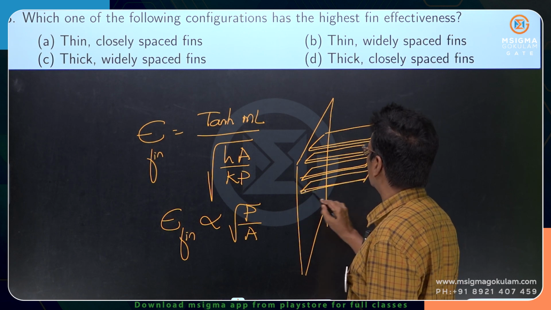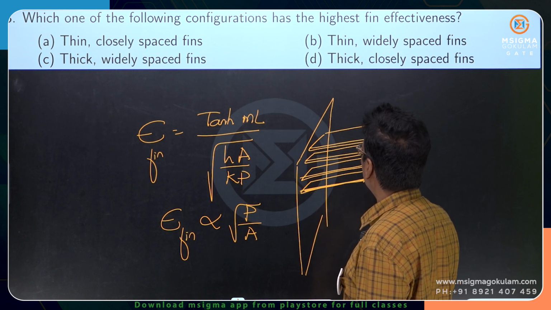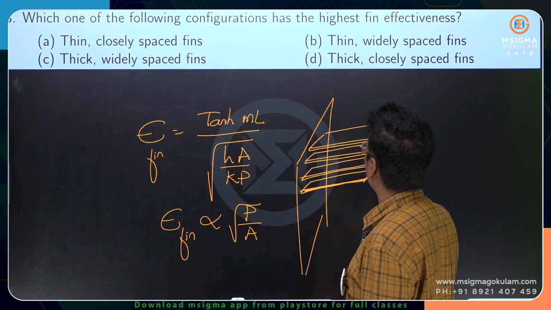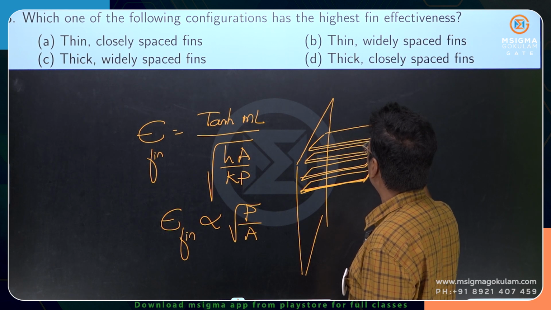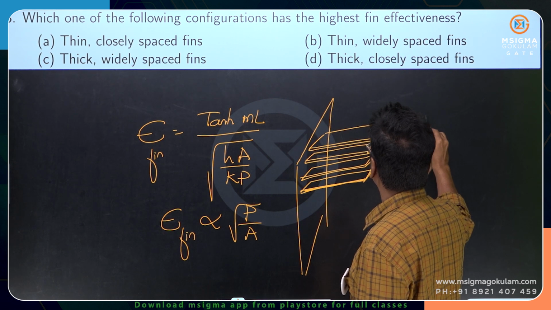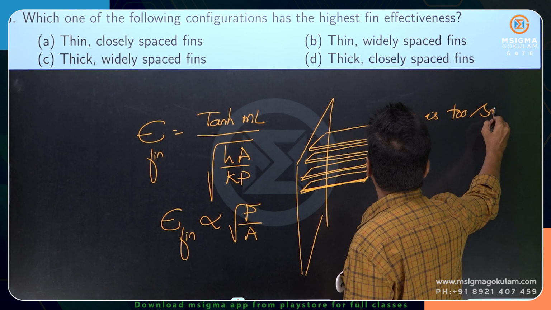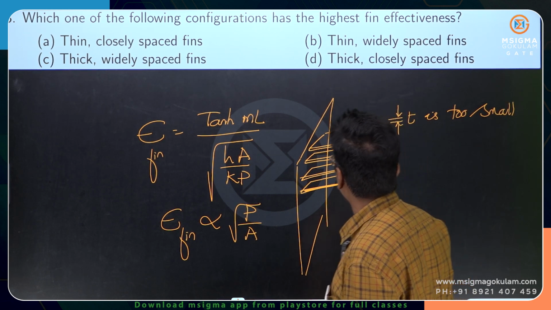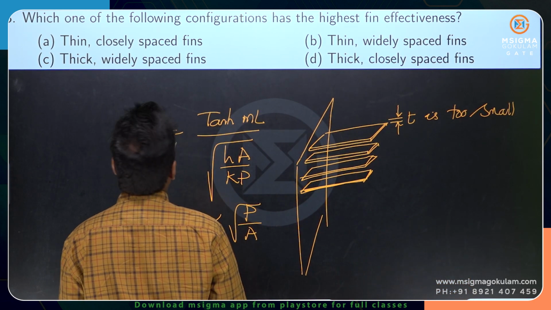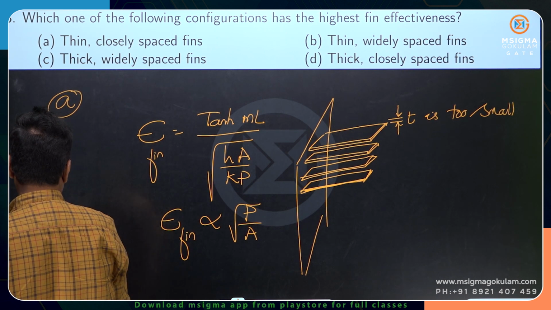To accommodate a large number of fins, the fins must be closely spaced and thin. The thickness of the fin is too small. So the answer is A, to have the high effectiveness.